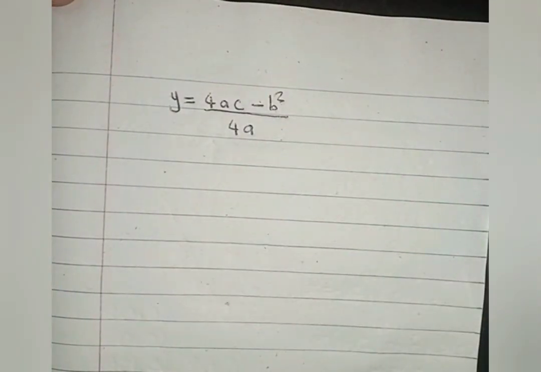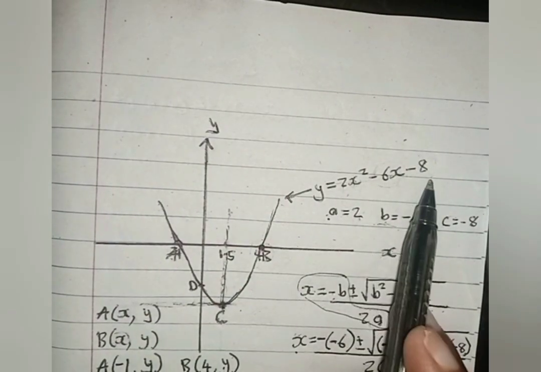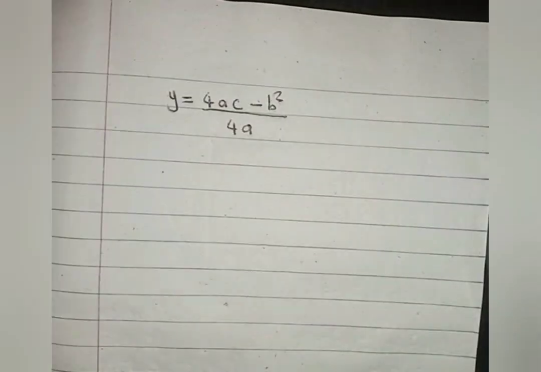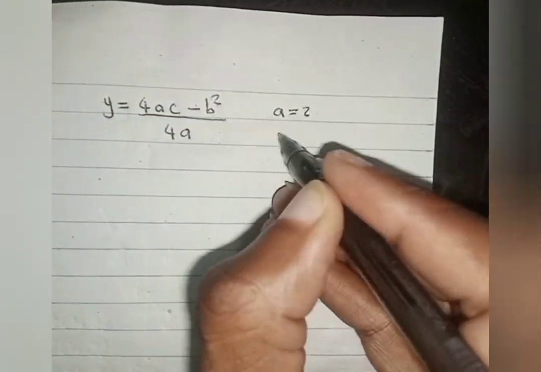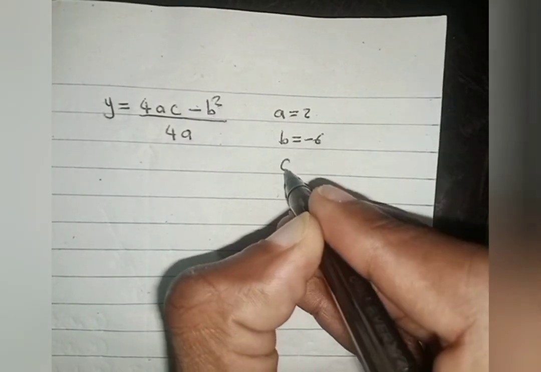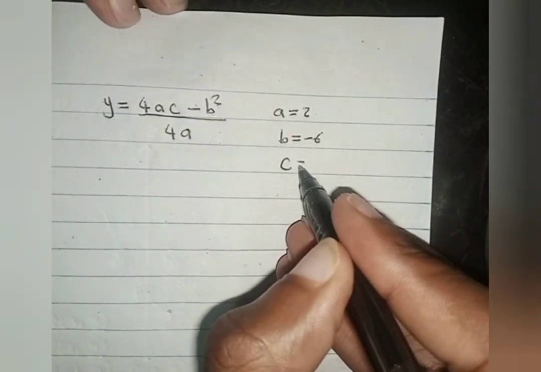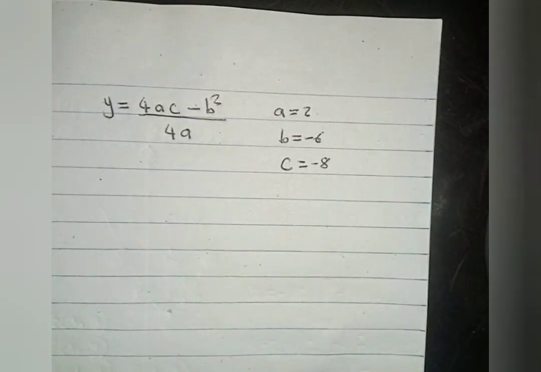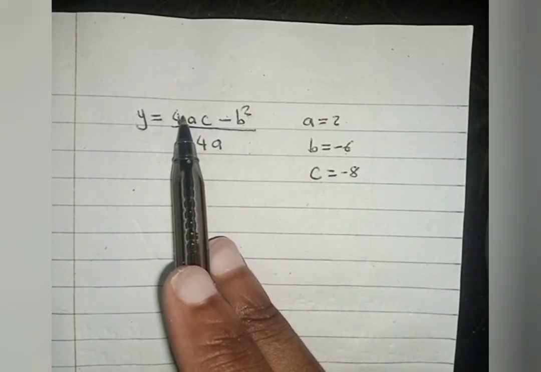We are using the same coefficients, so you can see that our a is equal to 2, our b is equal to -6, then our c is equal to -8, respectively. So we replace these coefficients in this expression.